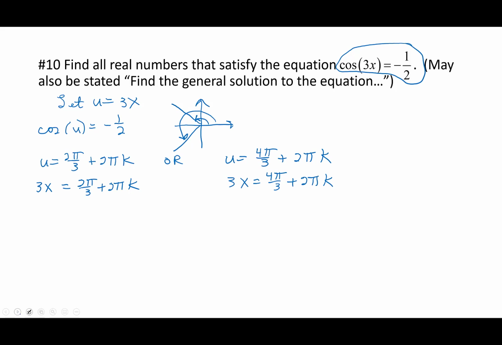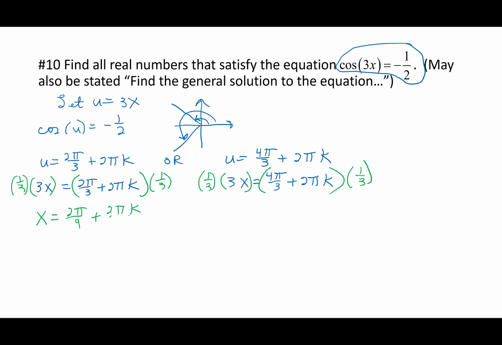And then for each of these equations, I'll multiply each side of the equation by 1/3. Okay, for our first equation, then we have x equals 2 pi over 9 plus 2 pi k over 3.